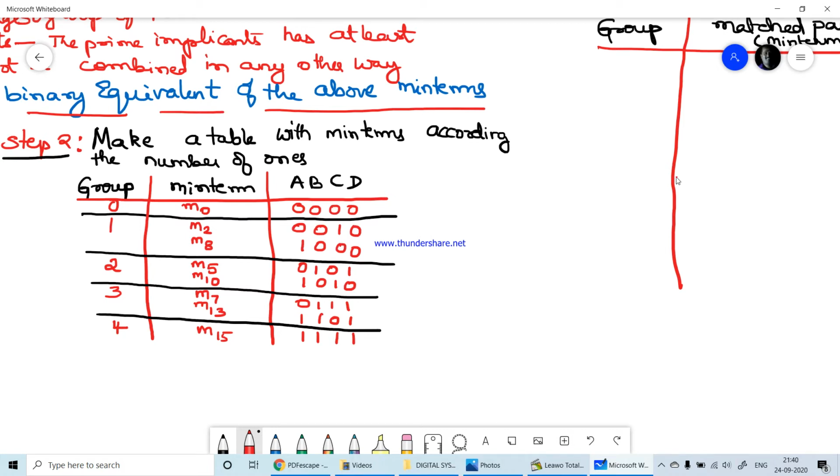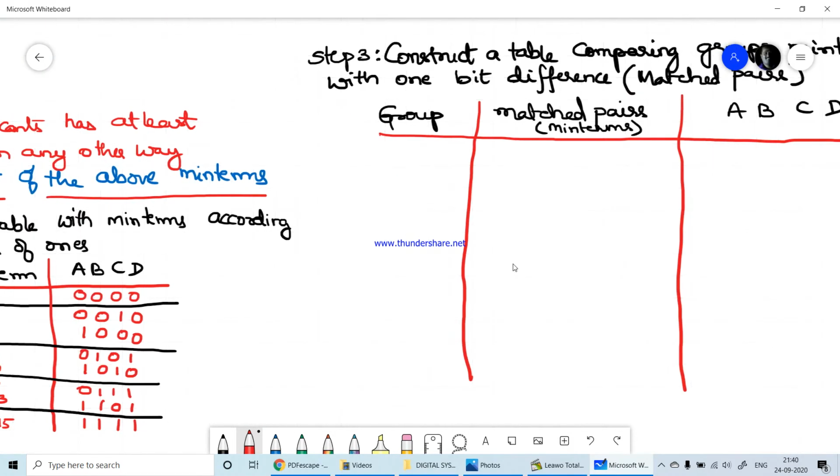Therefore, the matched pair in group 0 is M0 and M2, which we write as 0 0 underscore 0. We use this underscore or dash to represent the bit difference.